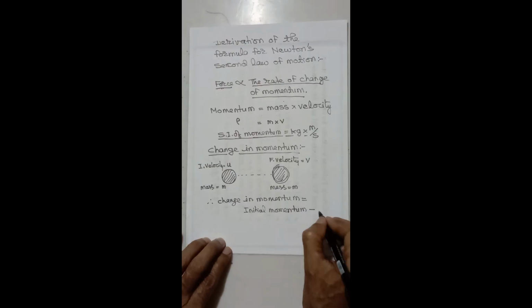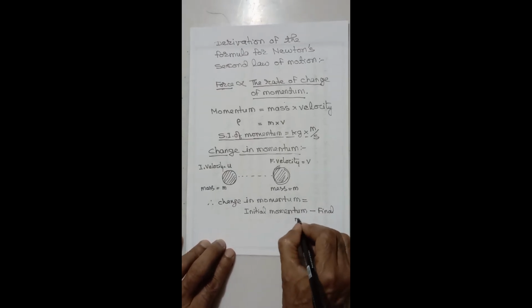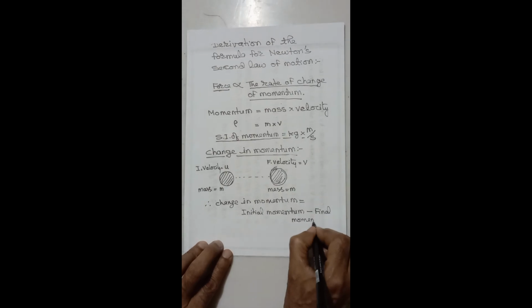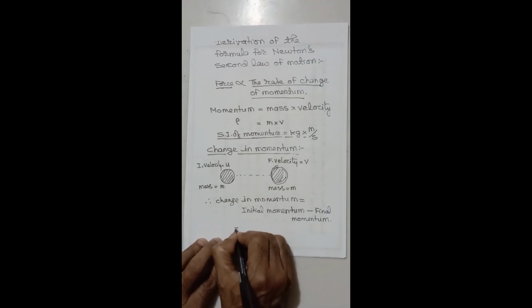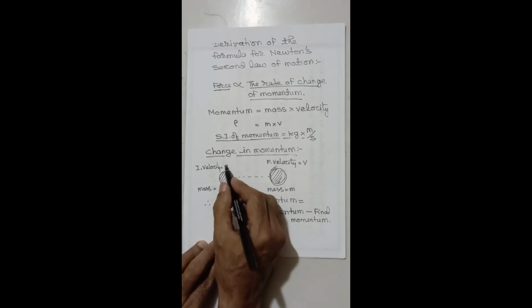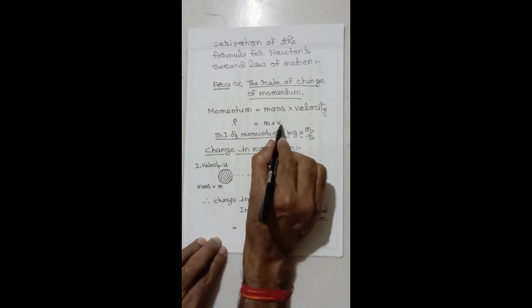Initial momentum will be m into u, as per this formula, momentum is equal to mass into velocity.